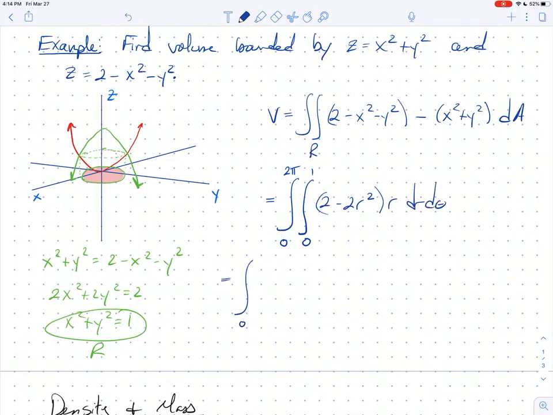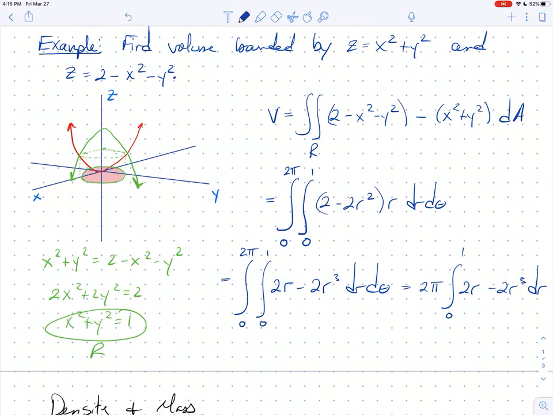Pushing the r through, I get the integral from 0 to 2 pi, 0 to 1, of 2r minus 2r cubed dr d theta. There's no theta in the integrand, so integrating 0 to 2 pi d theta just kicks out a 2 pi. So there's 2 pi times the integral from 0 to 1 of 2r minus 2r cubed dr.